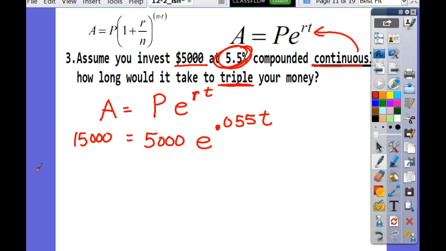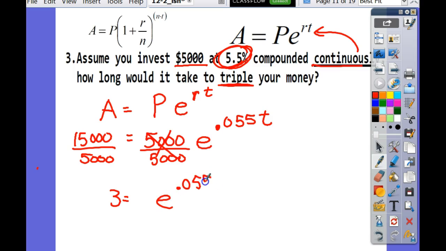But here's where it's different. Wait, I'm a step ahead of myself. The first step is to divide by the 5,000. And then we're going to take the log of both sides. But when we have an E, we do not take the base 10 log.